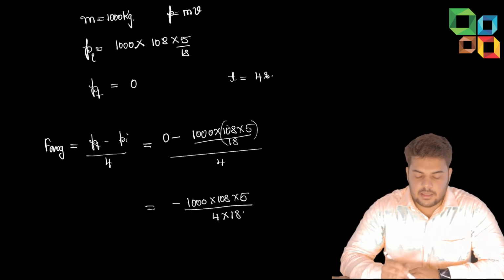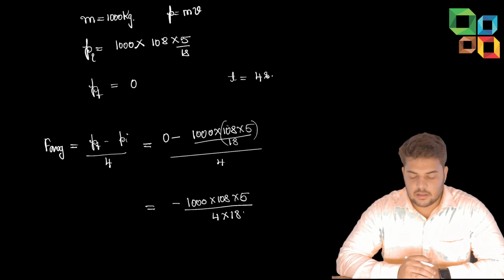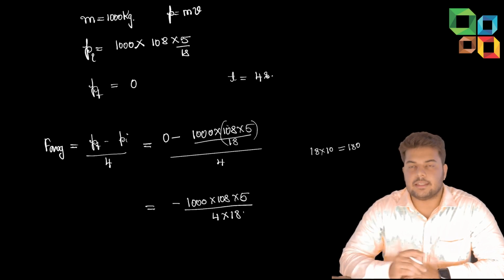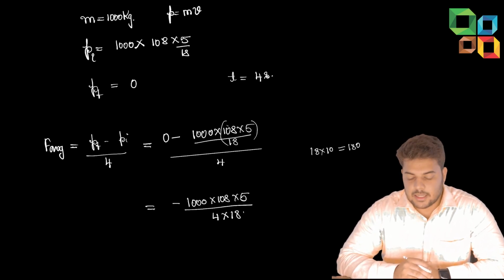So 18 and 108. Now how do I think about this? I know that if there were 10 18s, then I would have a 180.